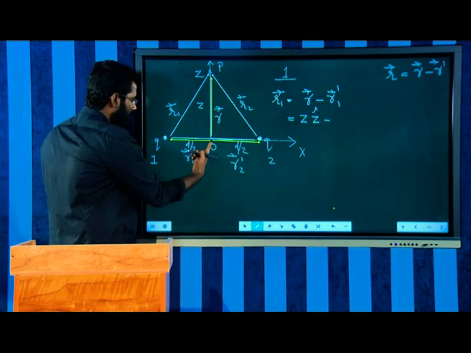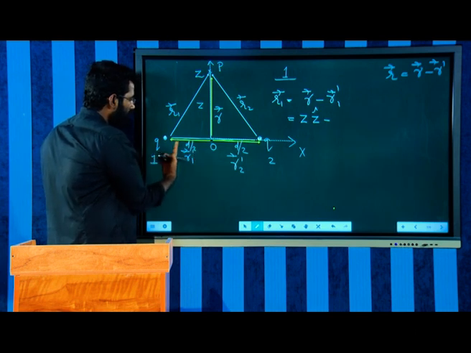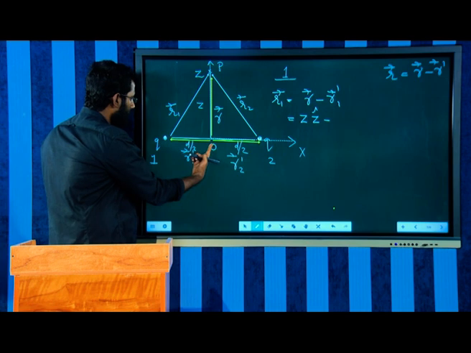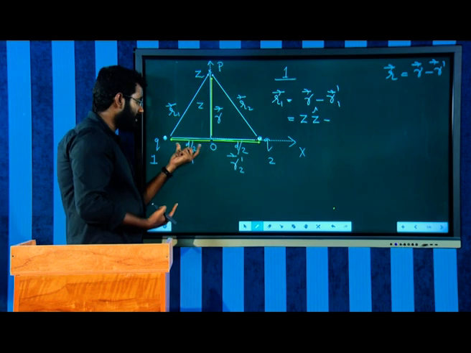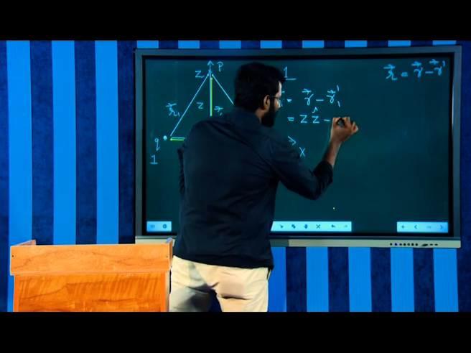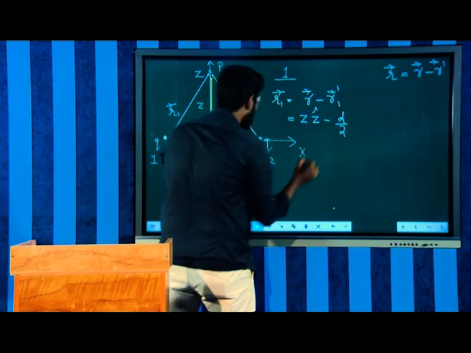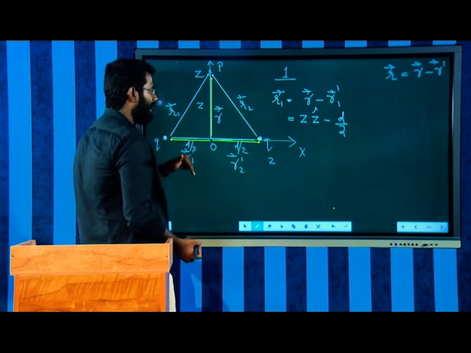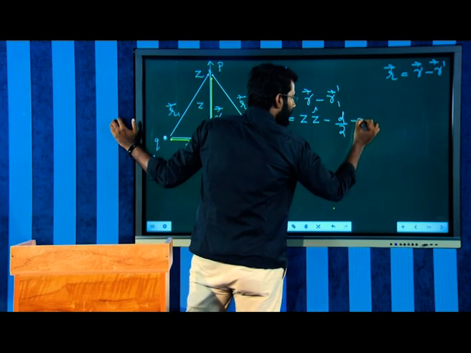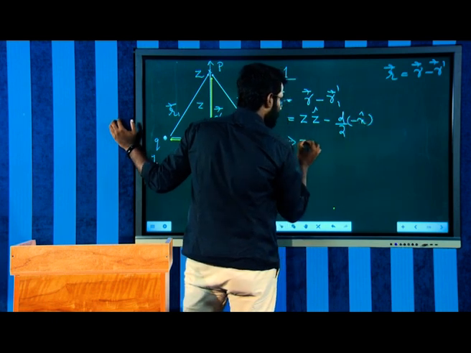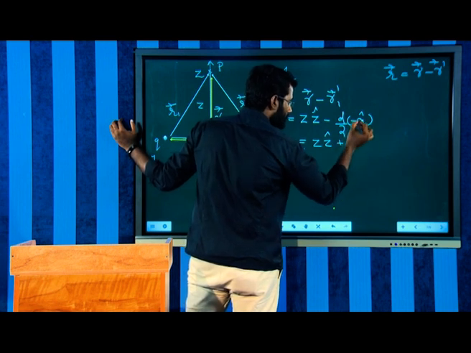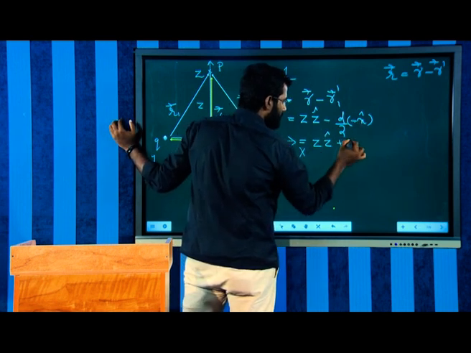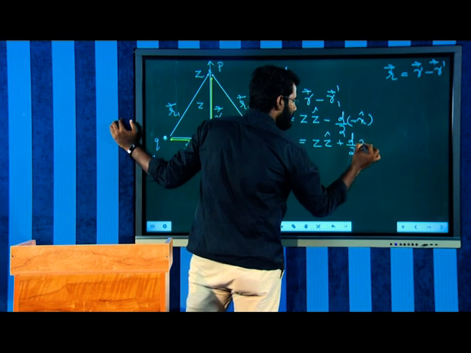R1 dash is this vector, directed along the negative x direction with a magnitude d by 2. So I have to put a negative x cap there. Finally it becomes Z Z cap plus, since minus into minus is plus, d by 2 x cap.